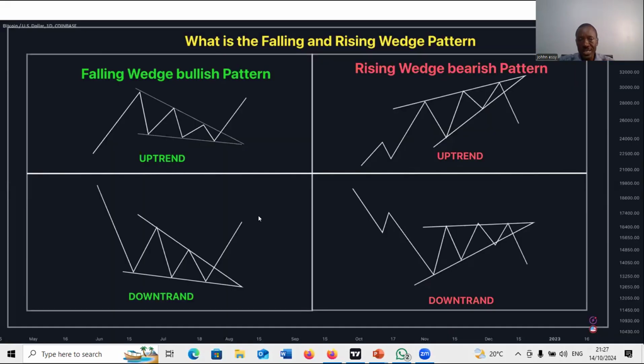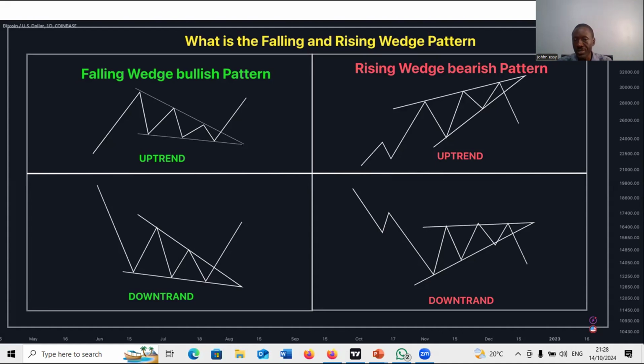I believe all of us have this on our computer, or maybe our laptop or phone. So kindly go through this many times for you to know which is the falling wedge and which one is the rising wedge. Now, we have a lot of confusion which will come later on, but you'll see with time, it will be cleared.